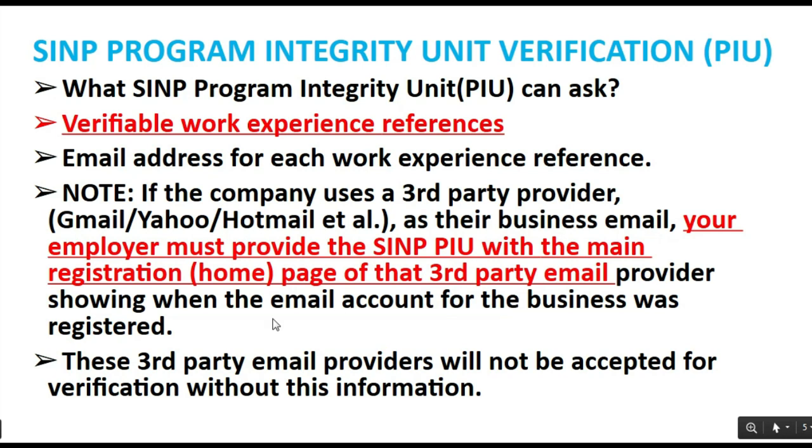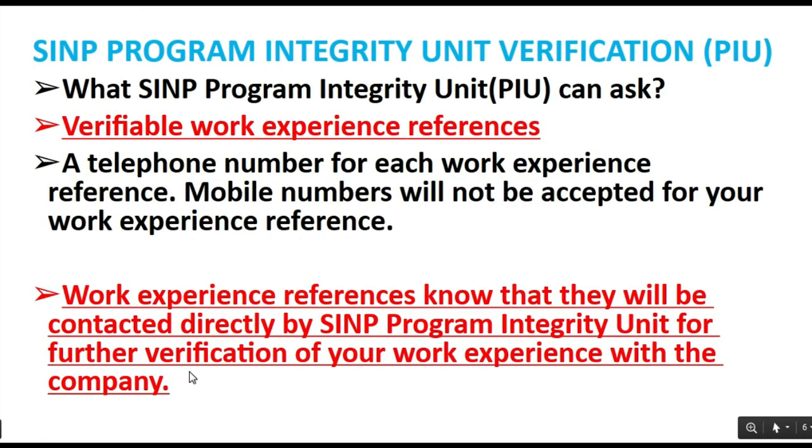If you do not provide this document, your email will not be accepted for this verification. The third thing that you have to give is the telephone number for each work experience reference. Mobile numbers will not be accepted for your work experience reference.